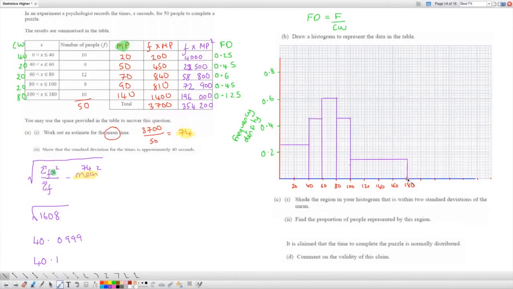And the last bar to complete here. Okay, so now we have our completed histogram.